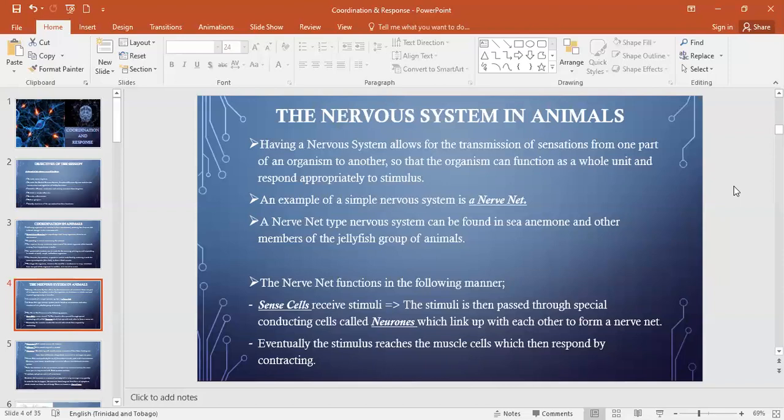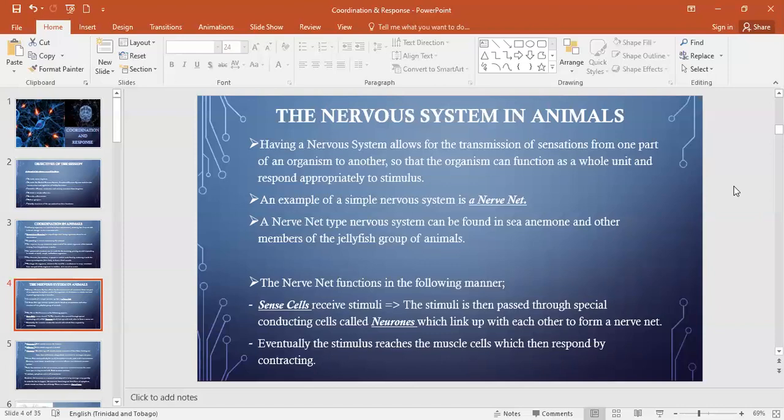All you need are sense cells and neurons, right? Your sense cells in a nerve net sense the stimuli around them. Whatever changes are happening in the environment, your sense cells, as the name suggests, will sense this. Then this information from these sense cells will be passed along neurons, which are like wires, you could say.